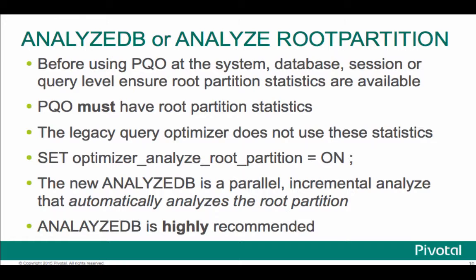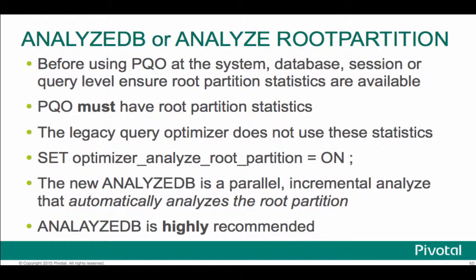So analyzedb is a new capability. It's a management script that ships with GPDB. So it's important to have statistics on the root partition of any partition table. Before you're going to use PQO in an instance of the database, you have to ensure that root level partition statistics are available.